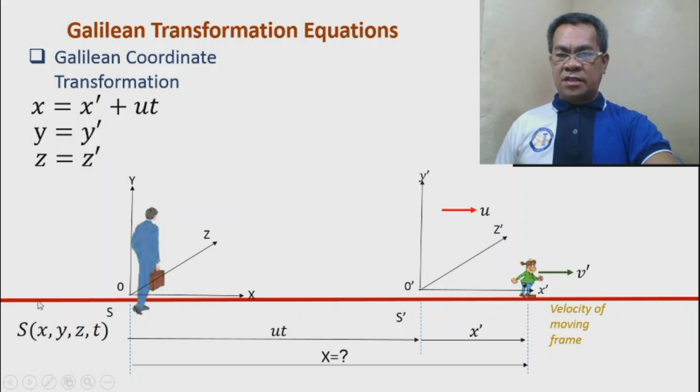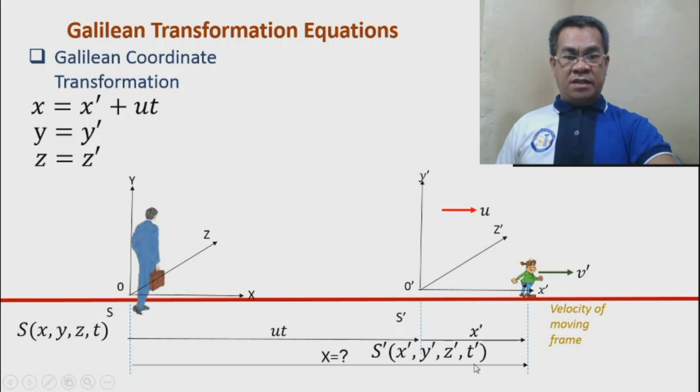Take note that in the inertial, rest frame, we have the coordinates x, y, z, where x corresponds to the x-axis, y to the y-axis, and z to the z-axis, and this is the time. While in the S prime frame, we have x prime, y prime, z prime, and t prime.